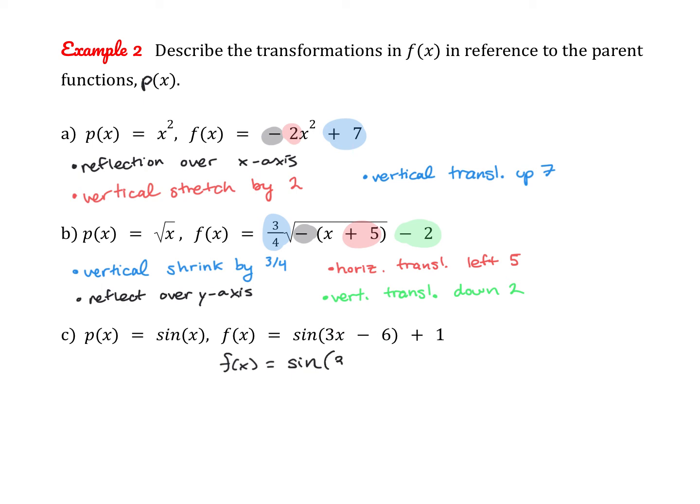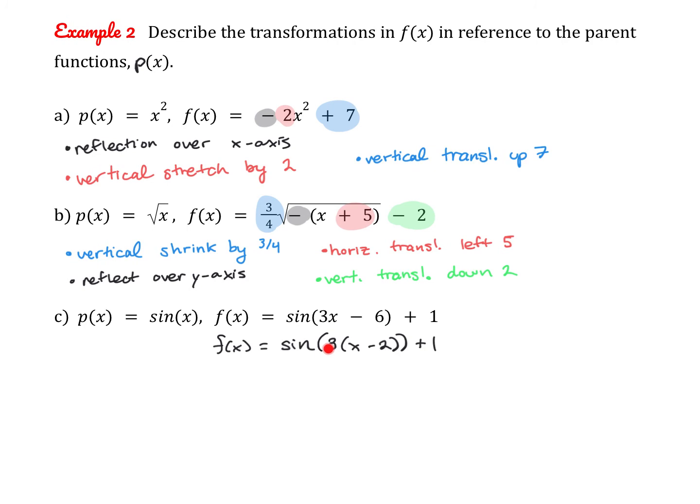We have to factor the 3 out, so it's actually 3 times x minus 2. This is tricky, and it's something you have to know to do. If you don't, you're going to think that this graph shifts to the right 6, but it's actually only shifting to the right 2. So you do need to make sure that any stretch or shrink that is horizontal is factored out from the translation.